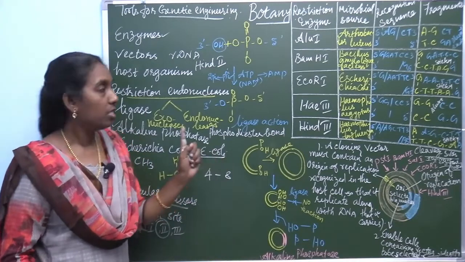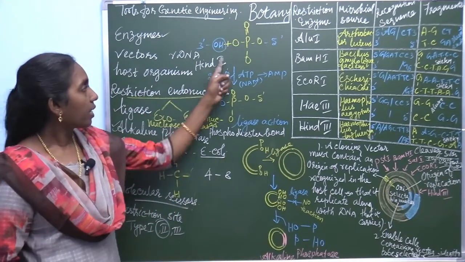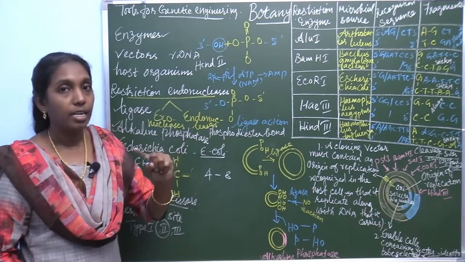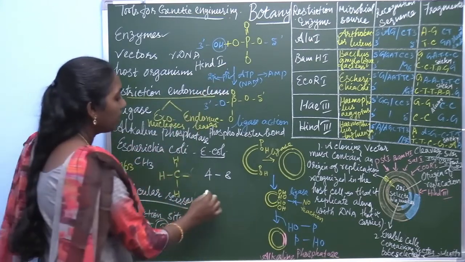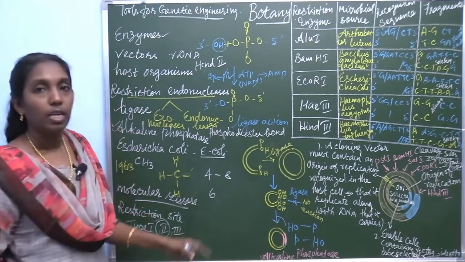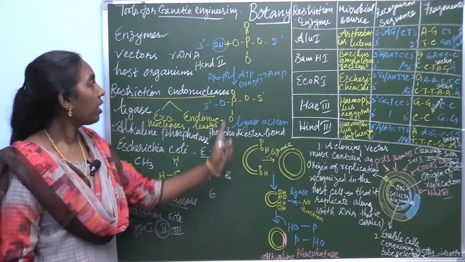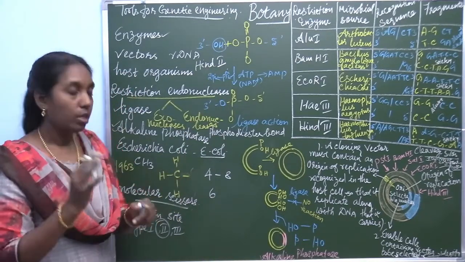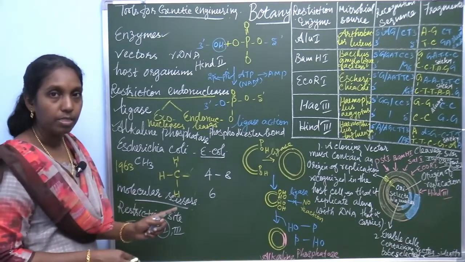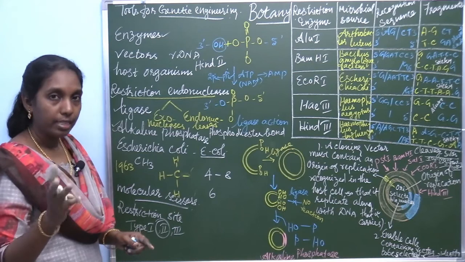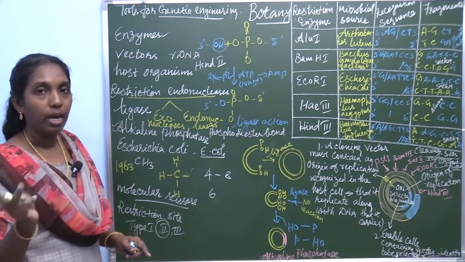This HindII cuts a 6 base pair sequence. So, there are 3 different types according to this classification of restriction enzymes: type 1, type 2 and type 3.